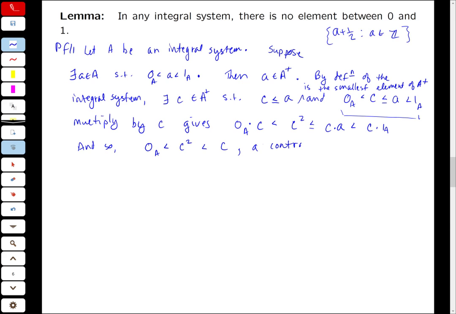What's my contradiction? You guys see that? Yeah. C squared is smaller than C, which was the smallest element in A plus. Thus, there is no element between 0 and 1. Let's see if I can write that better.